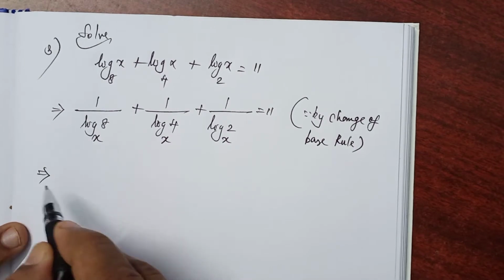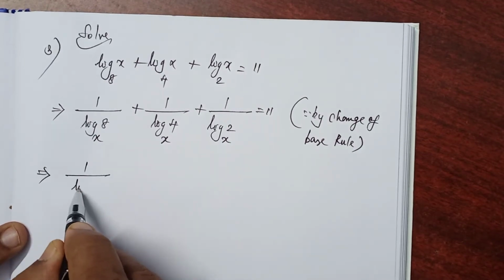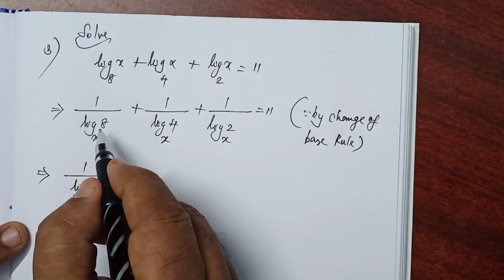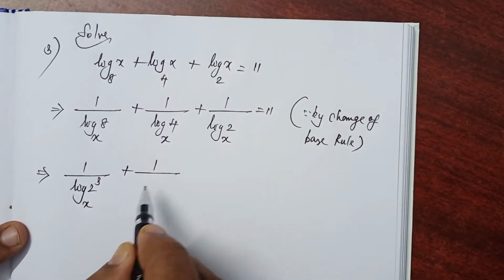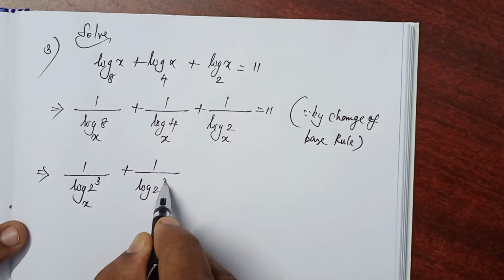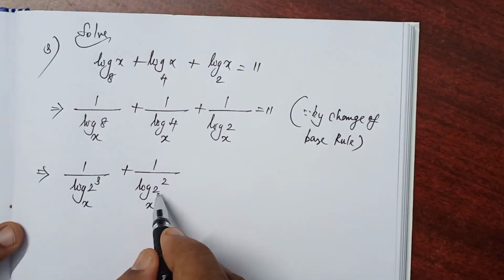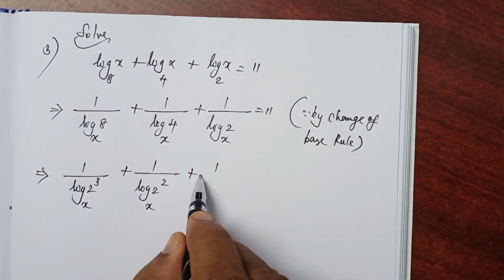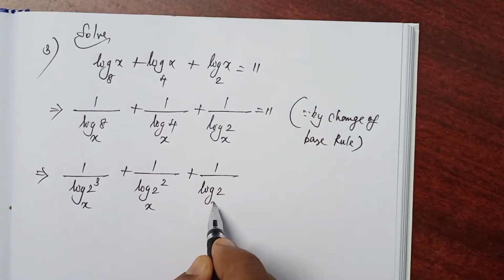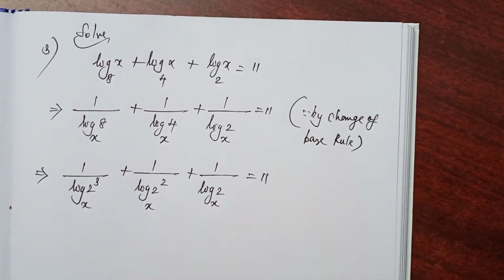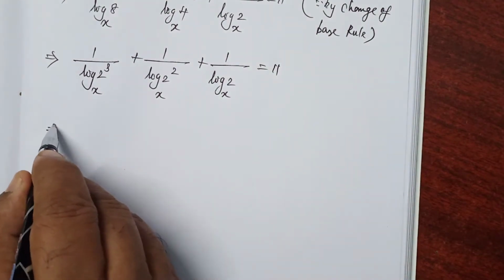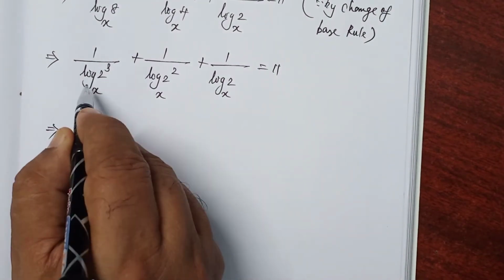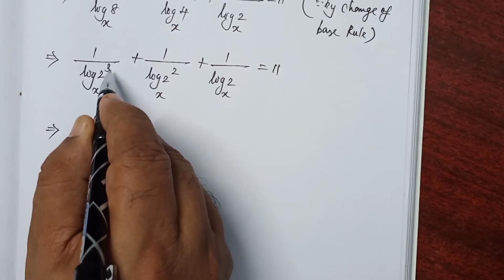which implies 1 divided by log 8 itself we can write 2 cube to the base x plus 1 divided by log 2 squared to the base x, 4 itself 2 squared, plus 1 divided by log 2 to the base x as it is, that is equal to 11. Which implies 1 divided by log 2 to the base x the whole cube.